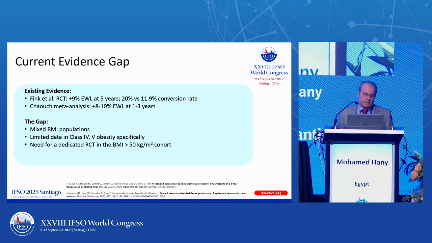Fink et al. at 5 years conducted an RCT and found that patients with ring augmented sleeve gastrectomy achieved well with fewer conversion rates, and this is also supported by a meta-analysis that found 8 to 10% more excess weight loss. But the studies have mixed BMI populations and limited data in class 4 and 5 obesity specifically, so we need a dedicated RCT in BMI above 50 kilograms per meter squared.